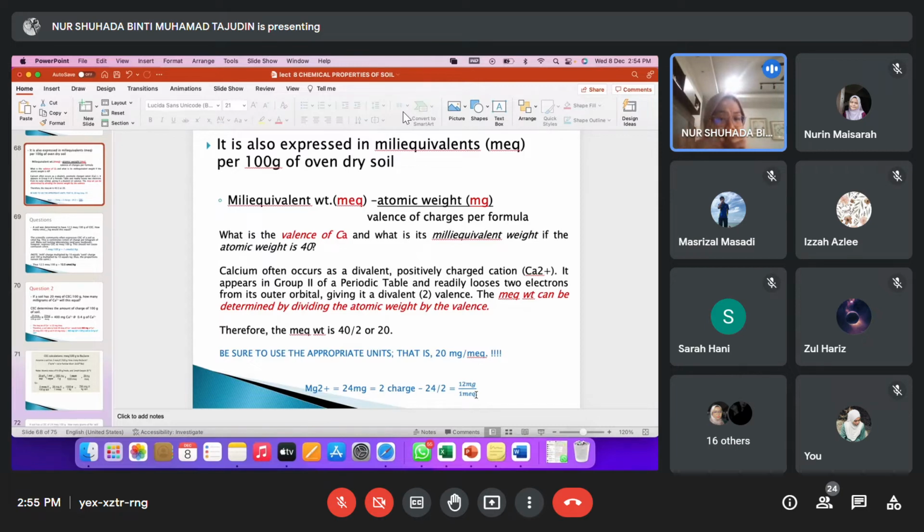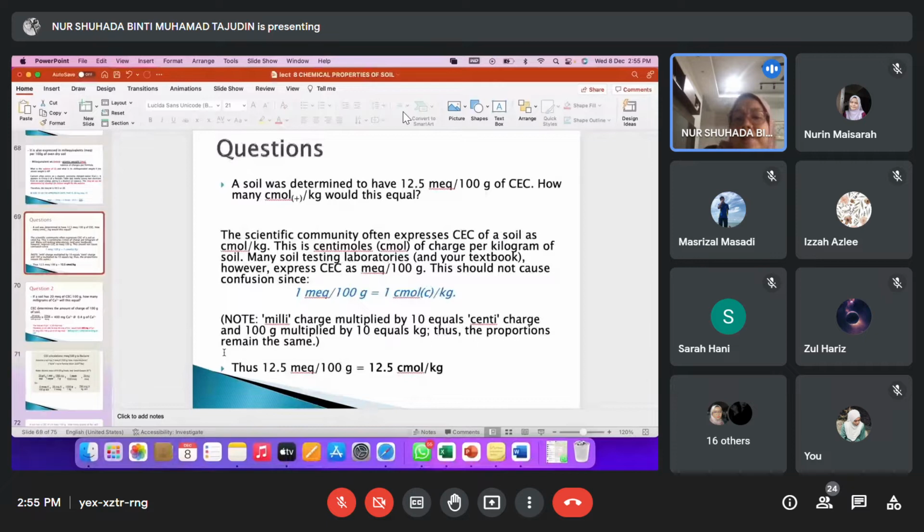Now the other way around. The soil has 12.5 MEQ. Kalau nak convert balik dekat calcium tadi, you just darab 20 darab 12. Later kita tengok. Okay, ingat ni dulu.